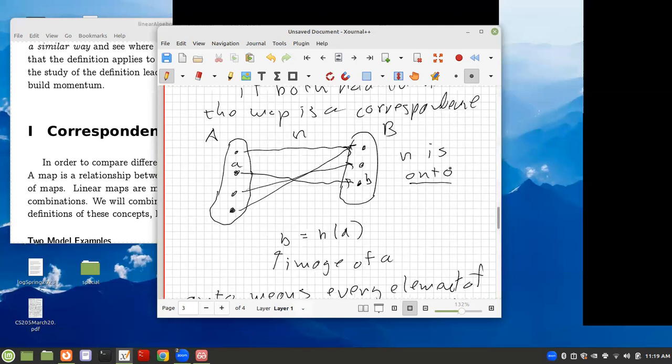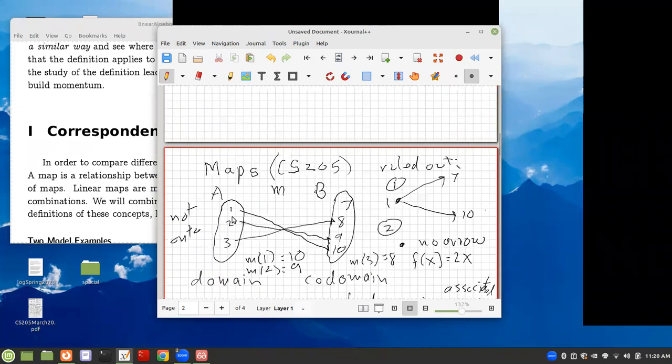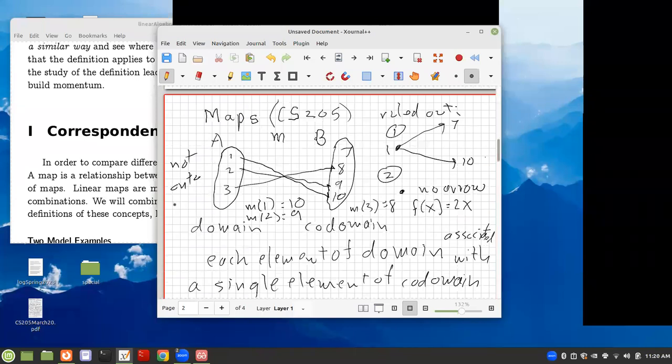Now this one is onto because every element has an arrow pointing towards it, but it is not one-to-one because this first element has two arrows pointing towards it. So this element is the image of two different domain elements, so it's not one-to-one. And our first map up here is one-to-one. It's not onto because 7 doesn't have a one, but it is one-to-one. So this is a map that is one-to-one but not onto.